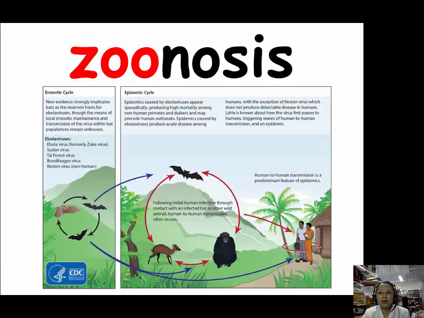For example, rabies or anthrax can be transmitted from animals to humans. And recently, as shown in this picture, Ebola can also be transmitted back and forth between humans and animals, and it has become a disease that will not go away in Africa.